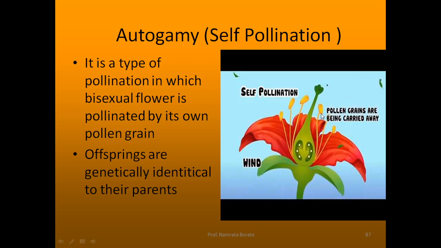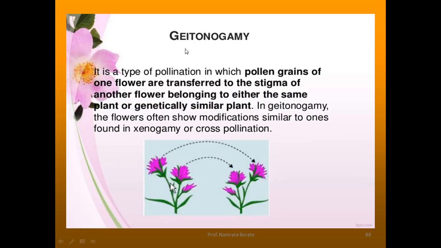You can see in this image the pollen grain which comes from the anther is deposited on the stigma of the same flower. So the new individual, the offspring which is formed, is genetically identical to its parents, that is called autogamy.